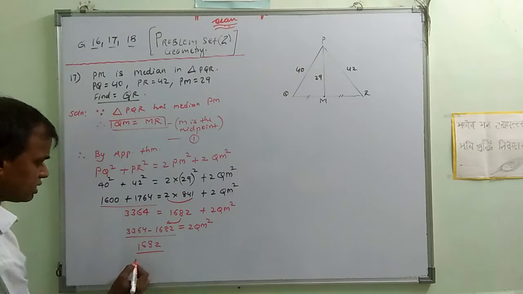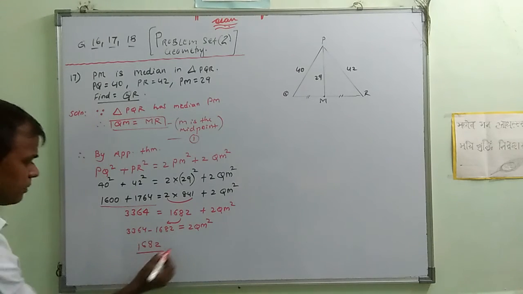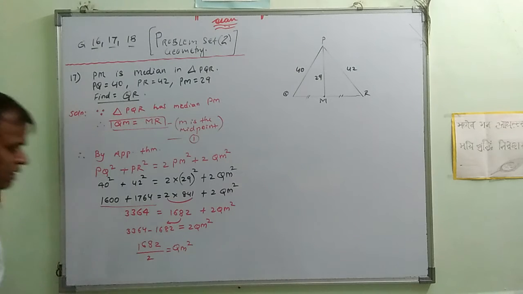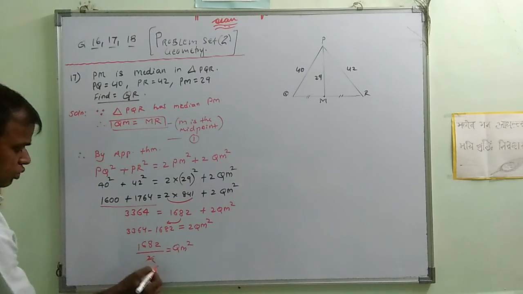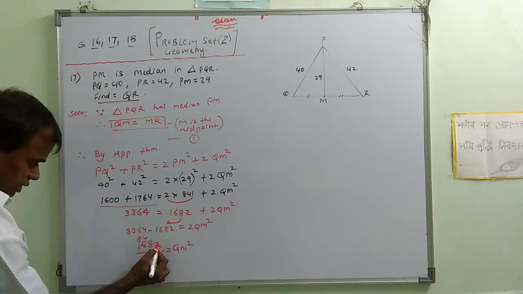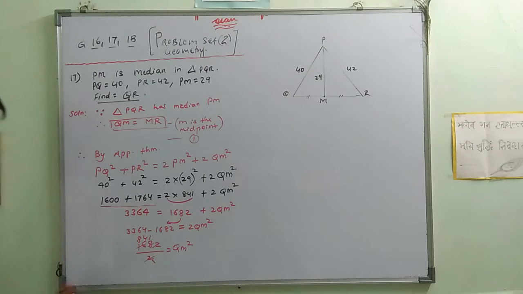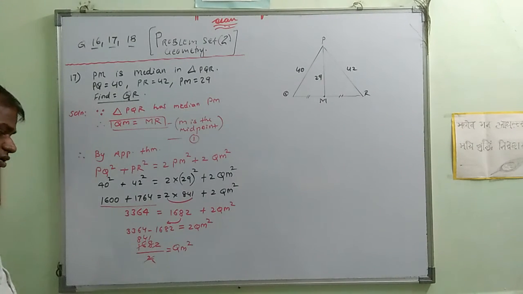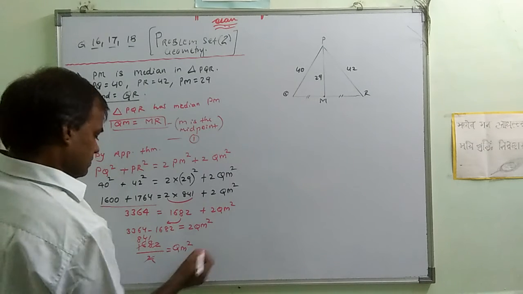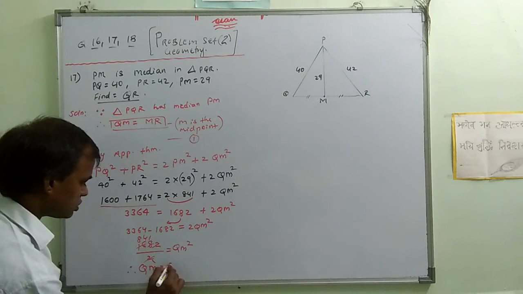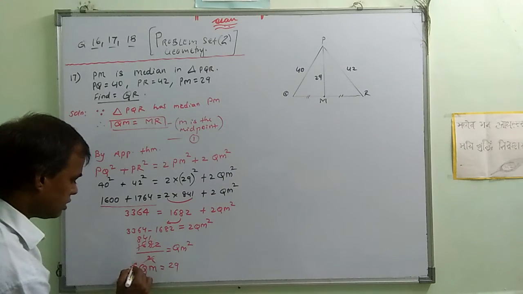So we get 1682 upon 2 equals QM square. Let's cancel it by 2. That gives 841. Now 841, we found, is the square of 29. Therefore, QM equals 29.